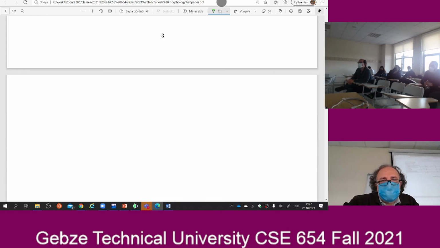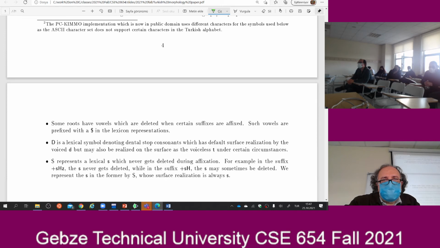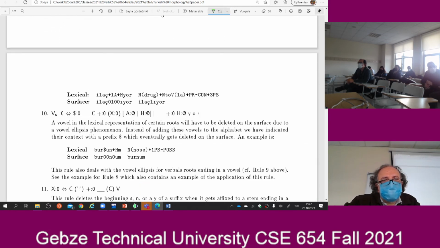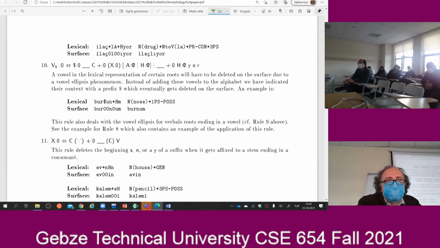So if you see VS, surface vowels, you drop them in this context. So, burun, remember that boyun thing? Burnum, burun. You drop both U and N.